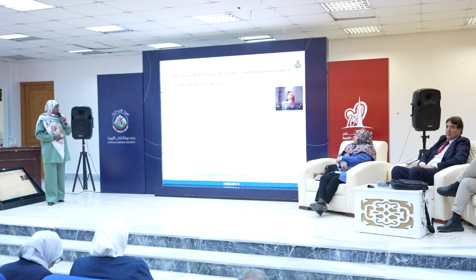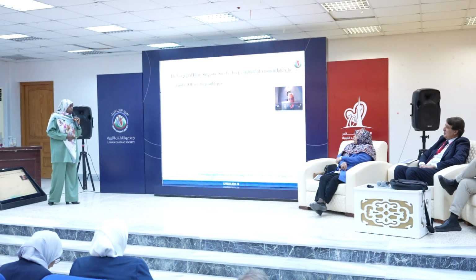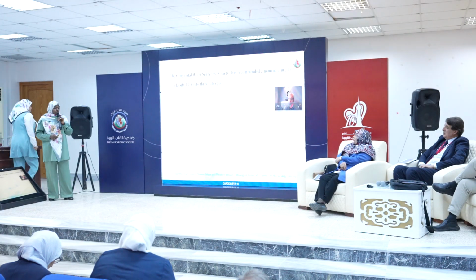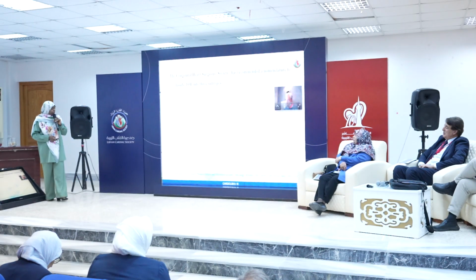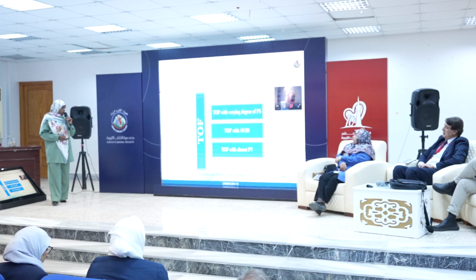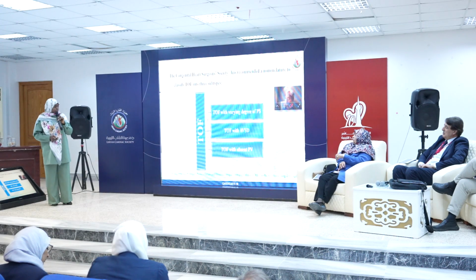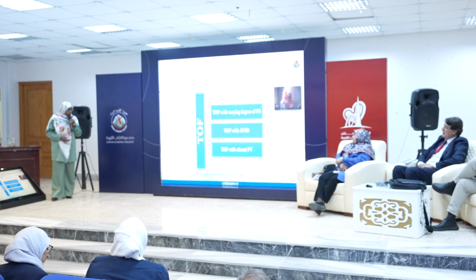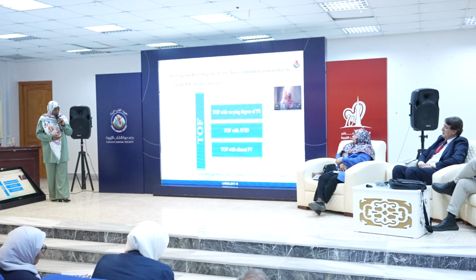So the Congenital Heart Surgeons Society recommends classifying TOF into three categories. The first one, tetralogy of Fallot with varying degrees of pulmonary stenosis, or tetralogy of Fallot with atrioventricular septal defect, or with absent pulmonary valve.